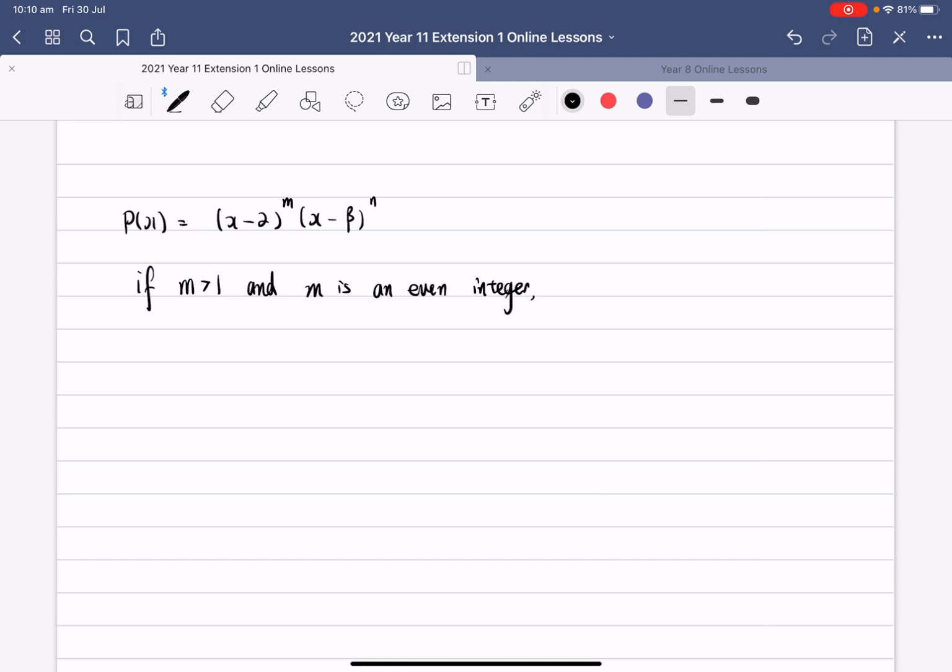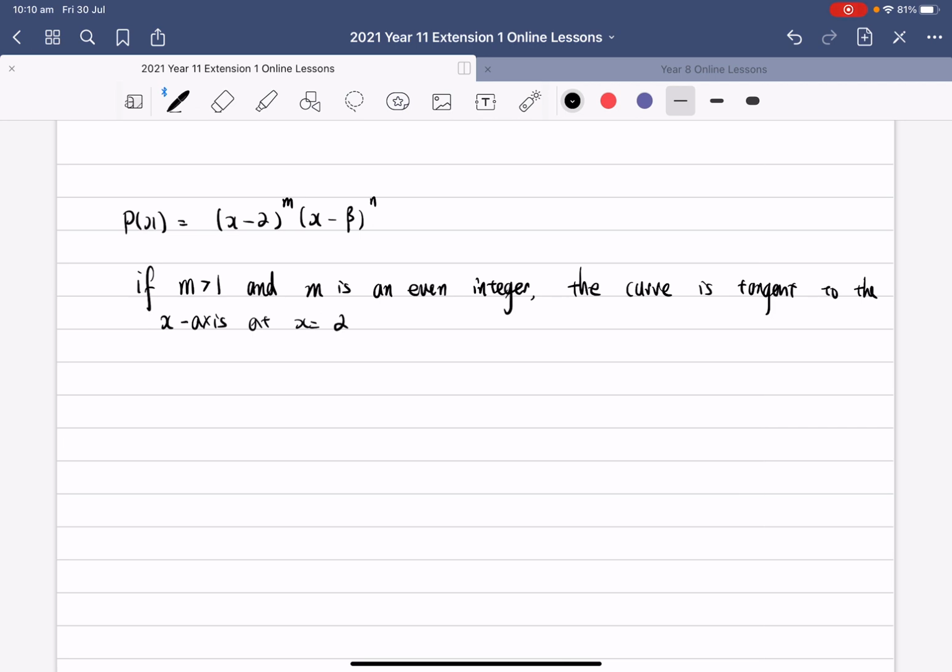So if x equals alpha has an even multiplicity, which in this case means m has to be an even integer, then the curve is a tangent to the x-axis at x equals alpha.